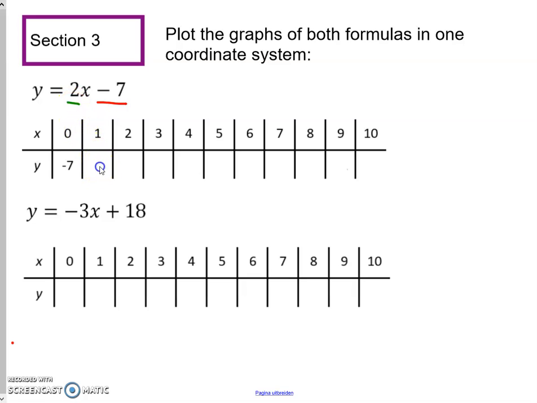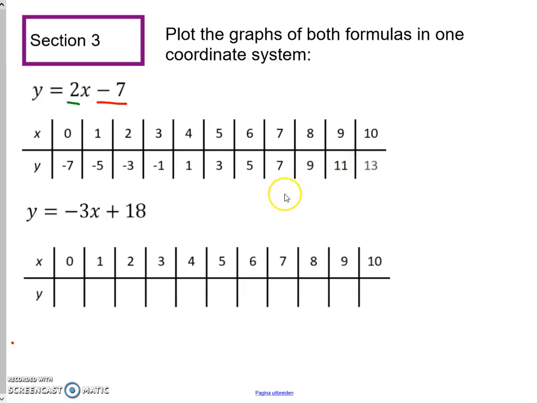So this will be minus 5. And you can also calculate this. 2 times 1 is 2. 2 minus 7 is minus 5. But please remember, we go 1 to the right, 2 up. So this is minus 3. 1 to the right, 2 up. This is a really easy way to fill in your table. It's really quick.